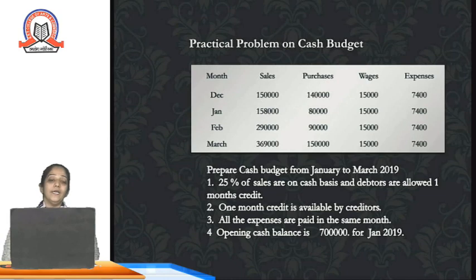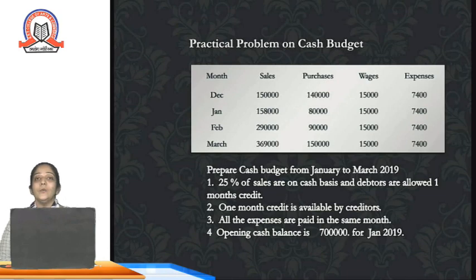And finally, we have the opening cash balance for the month of January, which is 7 lakhs, given in the question. Now, from this information, how can we prepare the cash budget? First, we need to calculate how much will be the amount of sales for a particular month and purchases, and then we can finally go to the cash budget format.